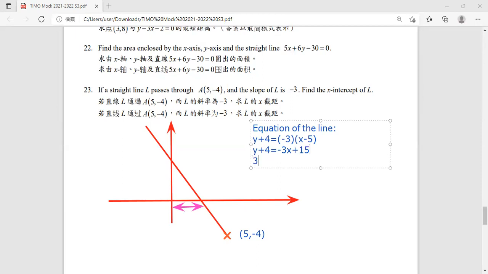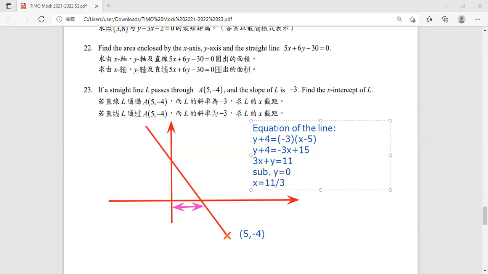Now we have 3x plus y equal to 11. Because now I have to substitute y equals 0, then x equals 11 over 3.